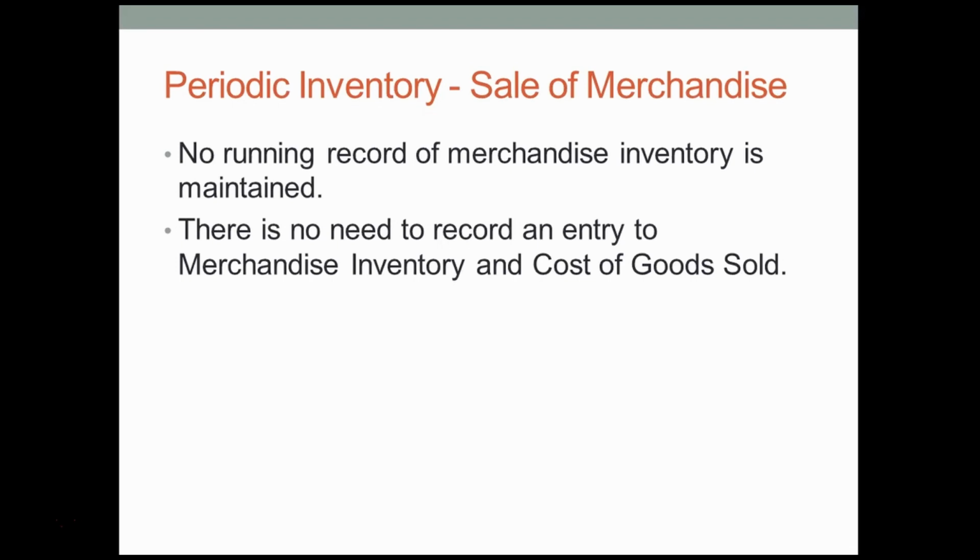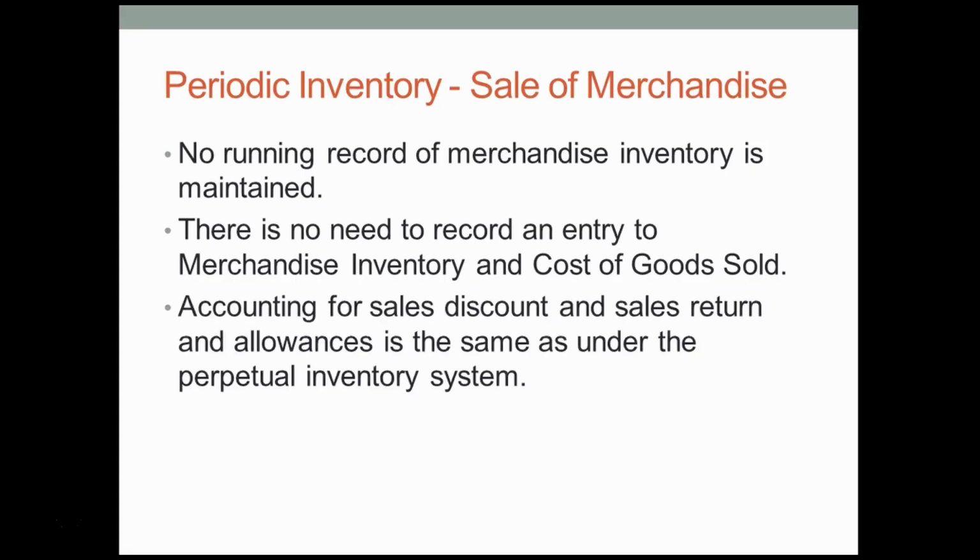So previously we had learned that when we make a sale under the perpetual system, we have two different sets of entries, one to record the revenue and one to record the cost of goods sold. So in the periodic system, you only have the entry to record the revenue. The accounting for sales discounts and sales returns is the same as we've already learned, so there's no difference there.